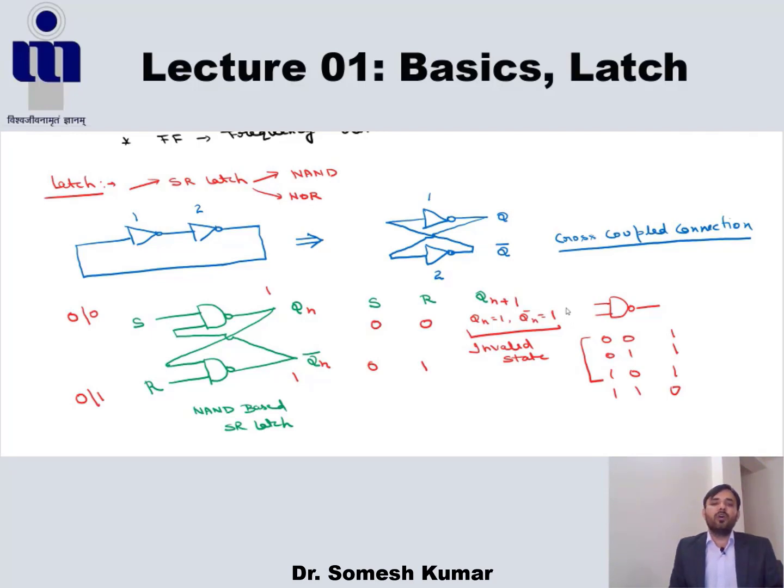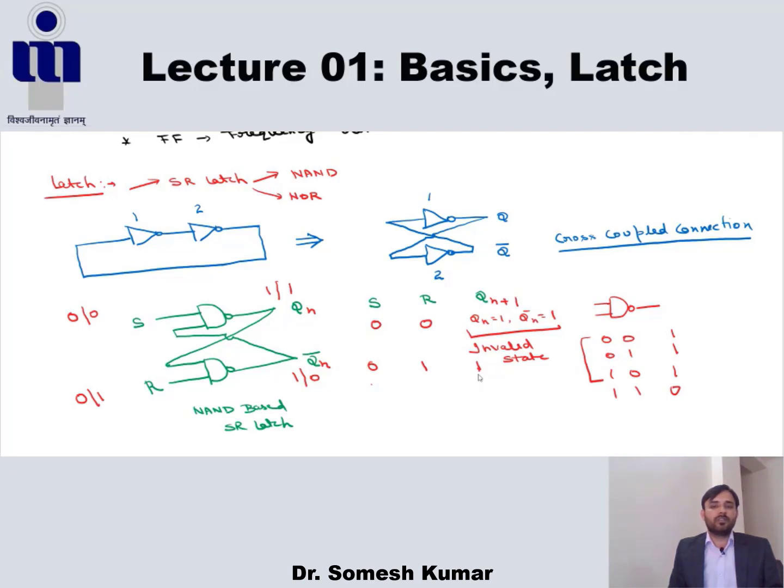So Qn becomes 1, and if this 1 is given to the inputs of the second NAND gate, it becomes 1 and 1, and Qn bar becomes 0, opposite of each other. So I can say Qn is 1.